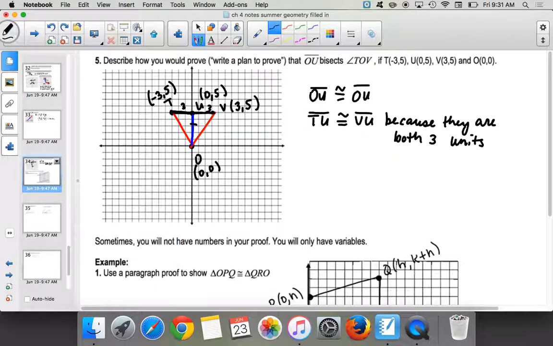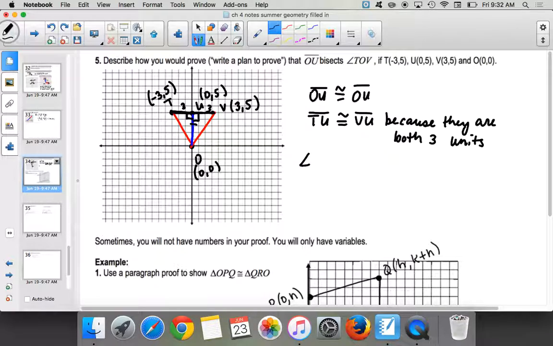Can we say any angles are the same? You could probably even tell me the degrees on a couple angles, right? TUO, what's angle TUO? Isn't it 90? VUO is 90, right? Do you guys see that?